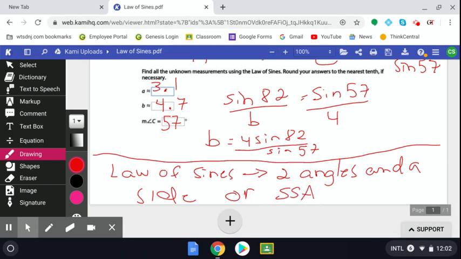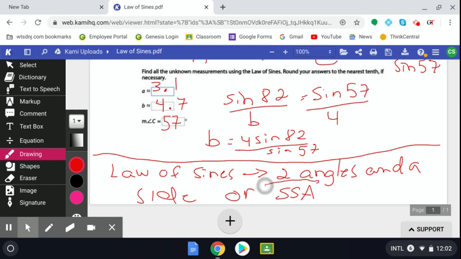Okay, those are the cases where you're going to use law of sines. If you have three sides or two sides and the included angle, you're going to use law of cosines, which you're going to learn next. That's going to be 14.2.